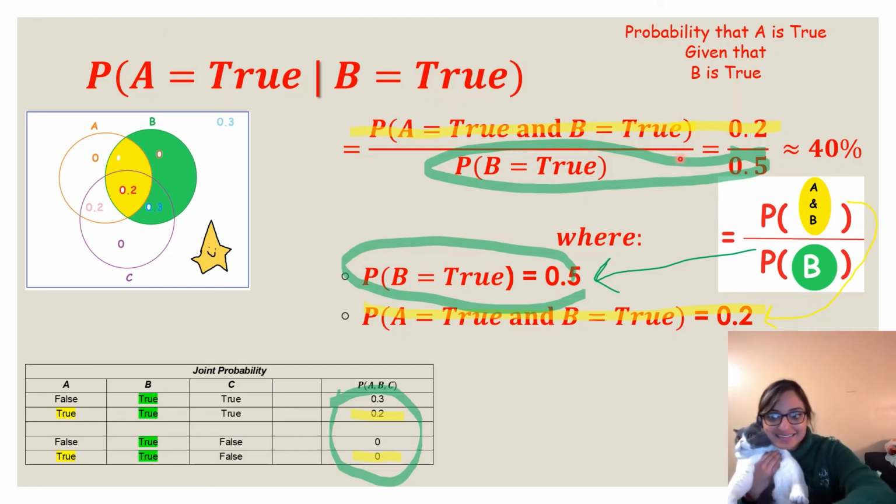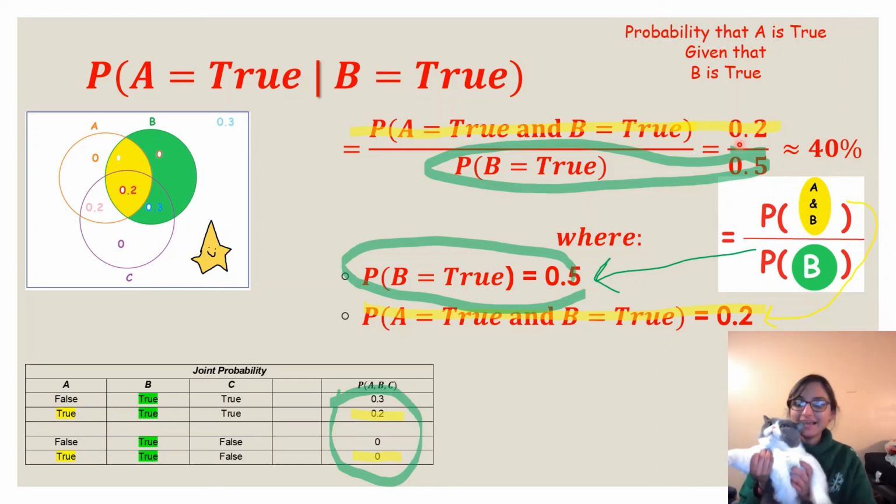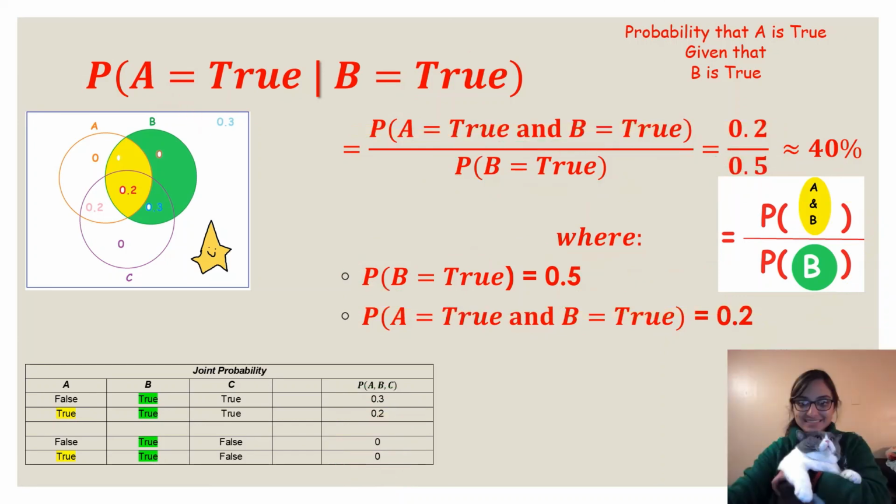So basically you just have to plug in this 20% divided by the 50%, and then we'll get the probability that A is true given that B is true. So basically after you plug in those values, you're going to get 40%.